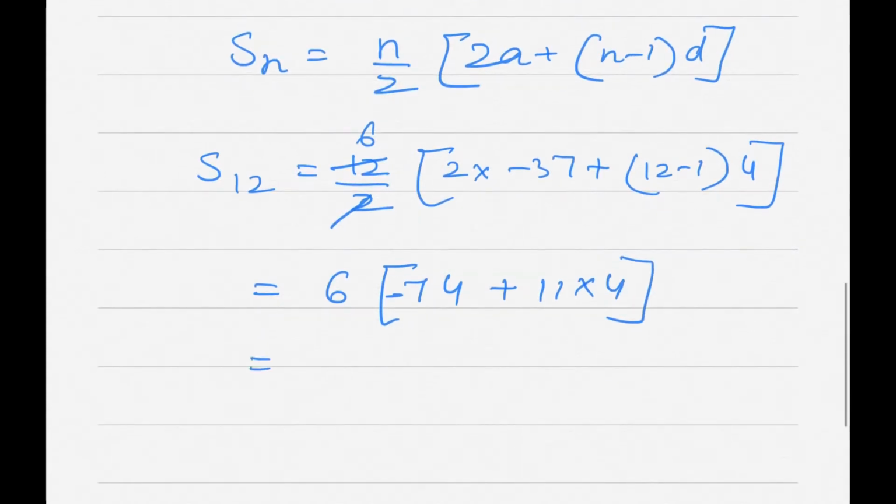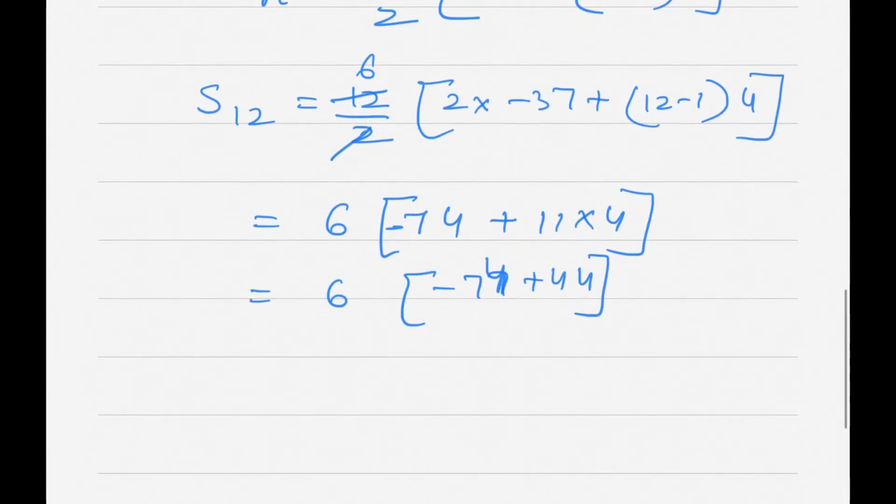Okay, so this gives me 6 into [minus 74 plus 44], right? So this gives me 6, and it will be negative number multiplied by a negative number, so this comes out to be minus 30. So this is equal to minus 180. So sum of 12 terms here is equal to minus 180.